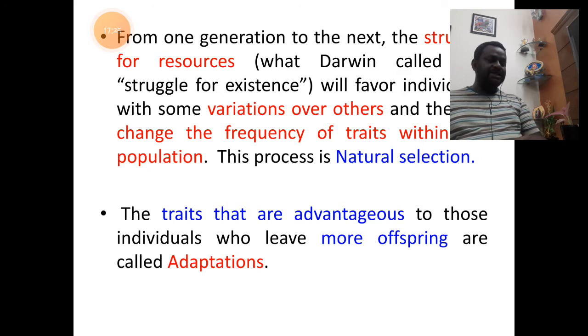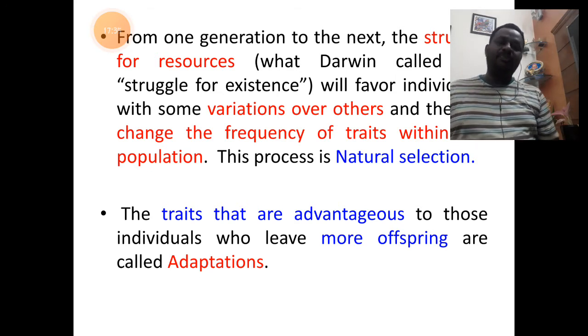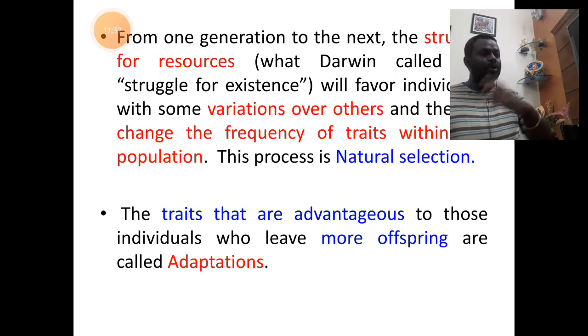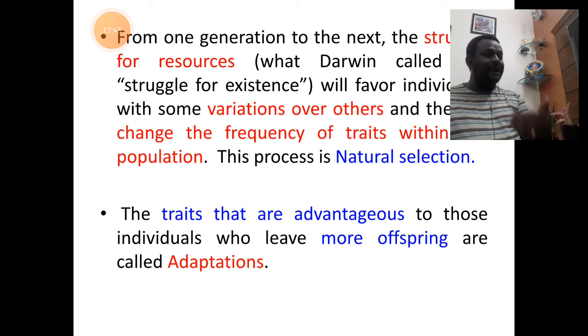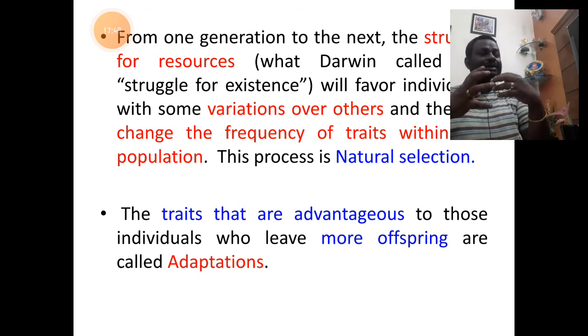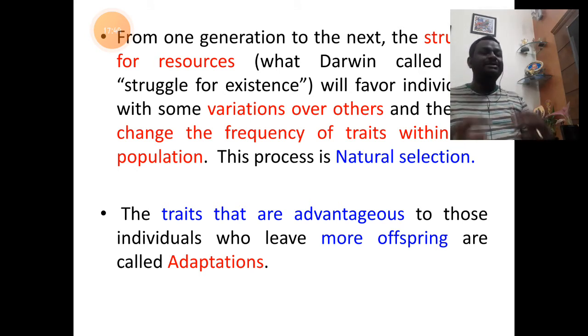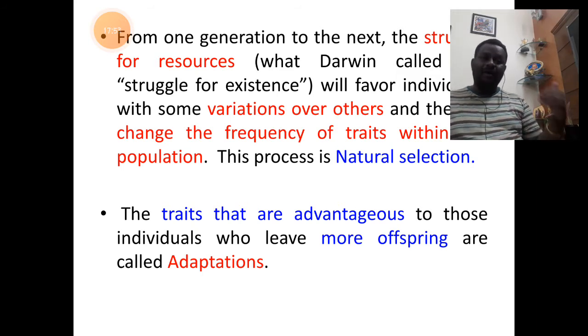Individuals with advantageous traits are produced more in number, and it is called the natural adaptation process. So overall, natural selection also leads to the adaptive evolution process, because the advantageous characters are passed on, or inherited, more in number into the offsprings.